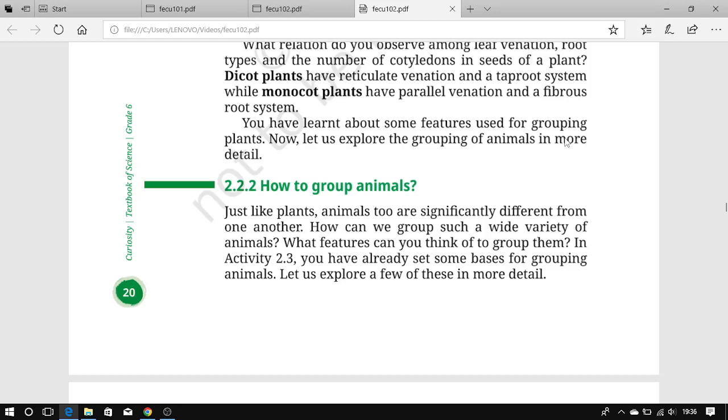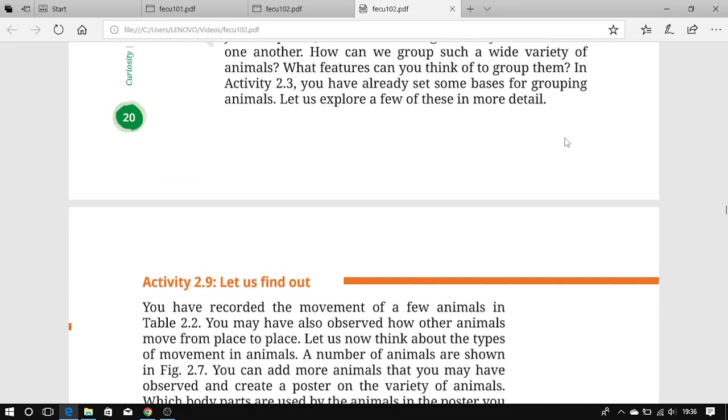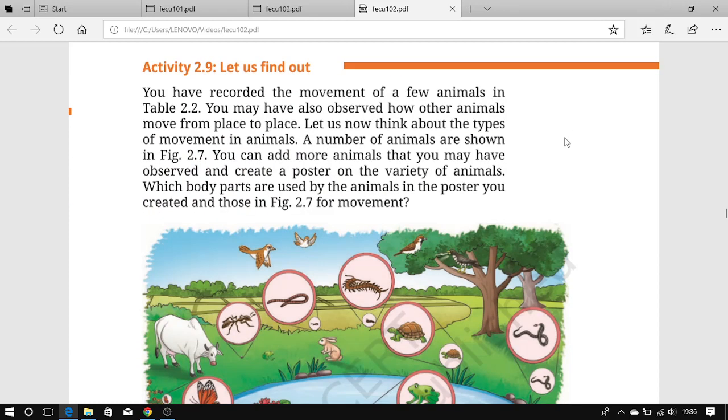In Activity 2.3 you have already set some basis of grouping animals. Let's explore a few of these in more detail. Activity 2.9, let's find out different animals in your surrounding area. You have recorded the movement of a few animals in Table 2.2.